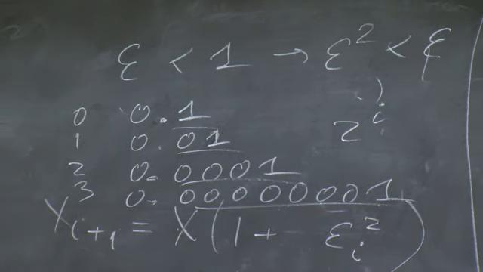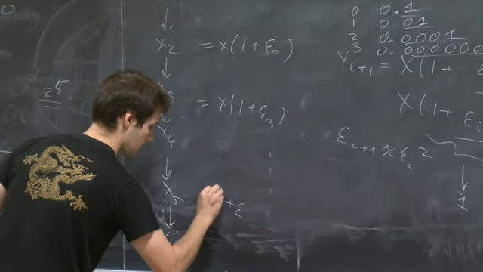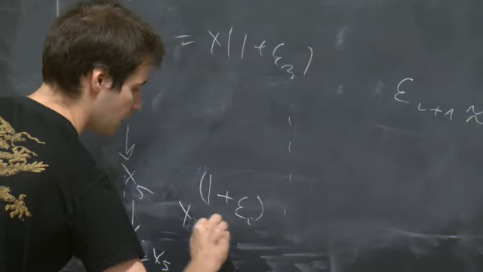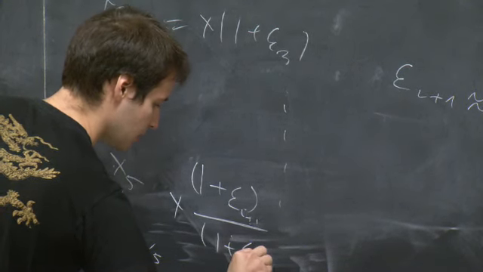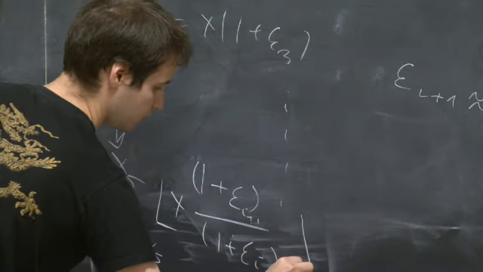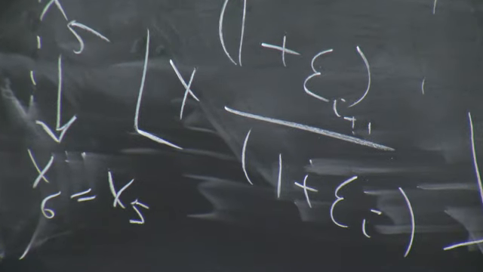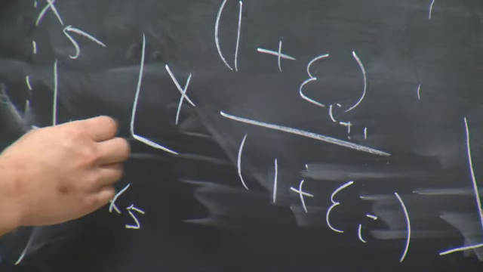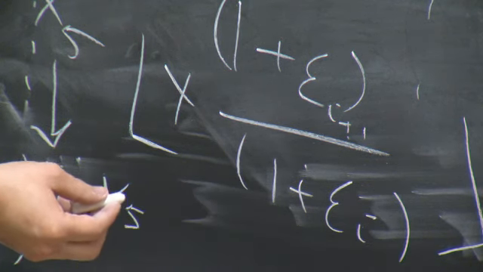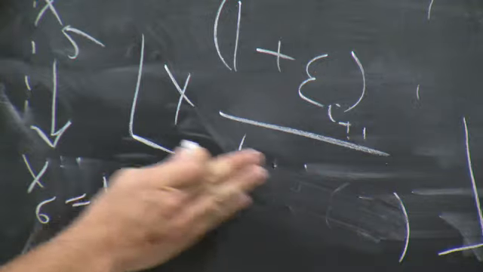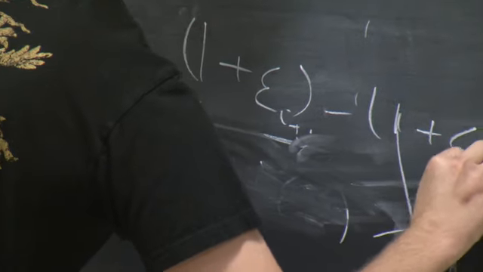So this is going to be equal to this when (1 plus x) times (1 plus epsilon_i) over 1 plus epsilon_(i+1), when the floor of this thing is, sorry, there's a delta somewhere here, so something has to converge to 0. Sorry, this is what it is. 1 plus e of i.